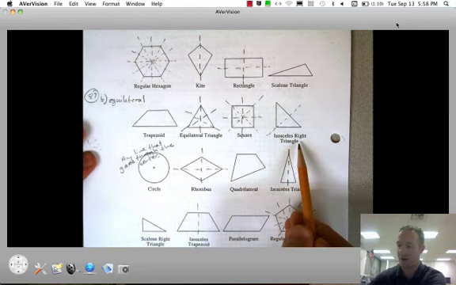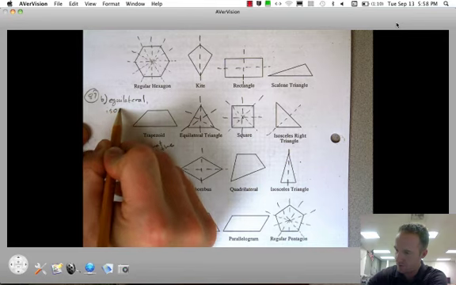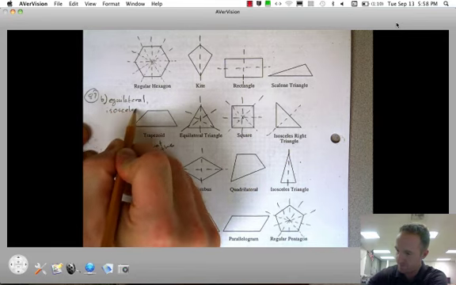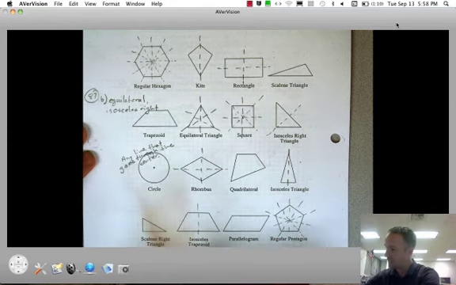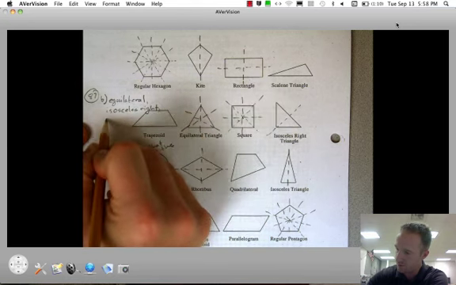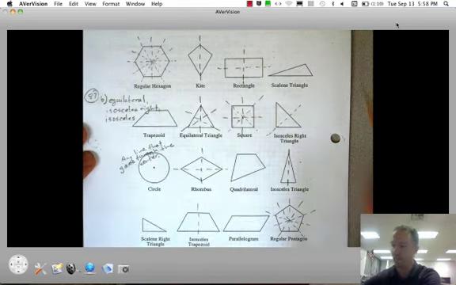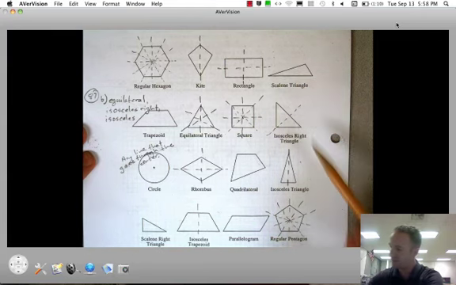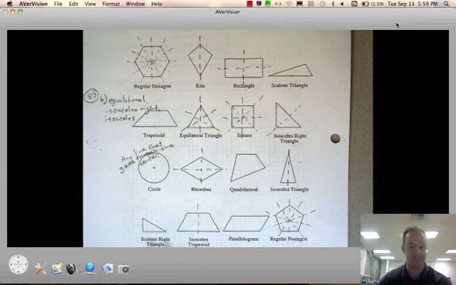The isosceles right triangle does. And the isosceles triangle does. The scalene triangle does not. Which other ones do we have? And the scalene right triangle doesn't either. Doesn't have any lines of symmetry.